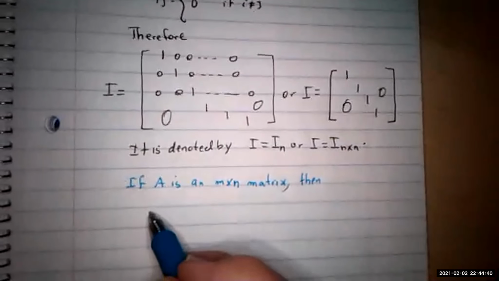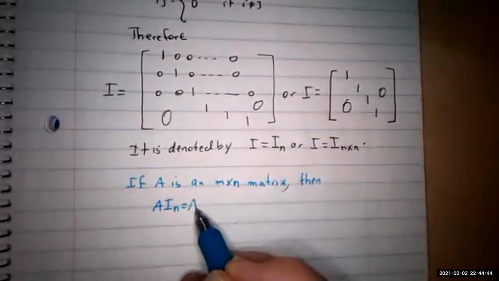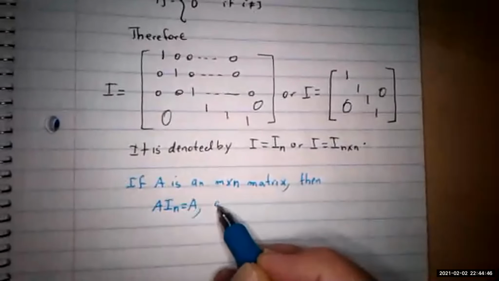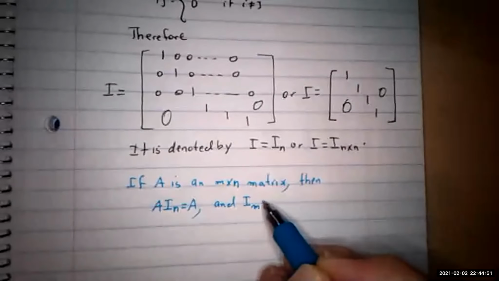You can multiply A times I_n, which is going to be equal to A. And if you do this the other way around, remember the size equation must be satisfied.